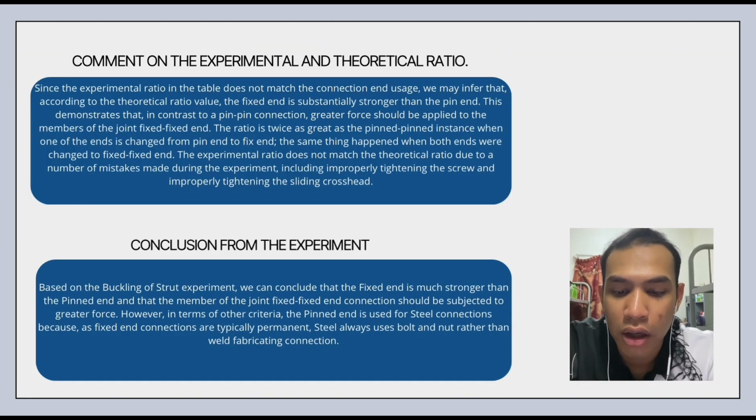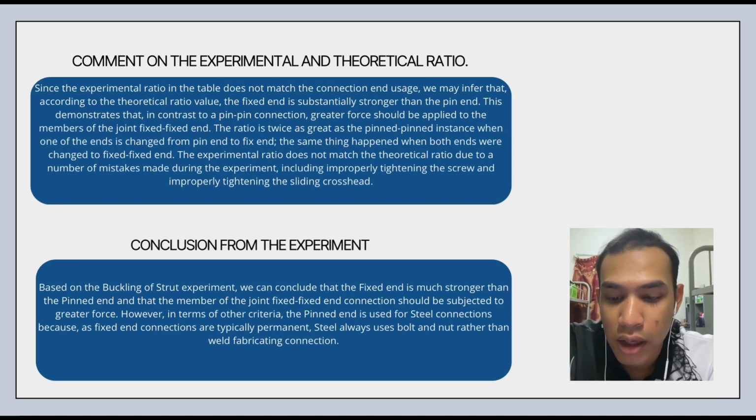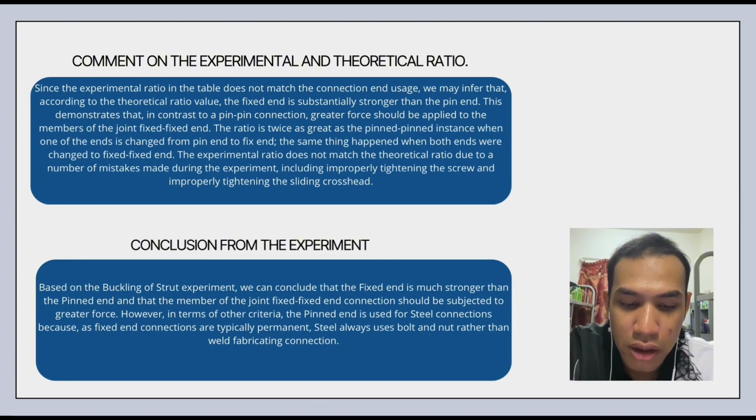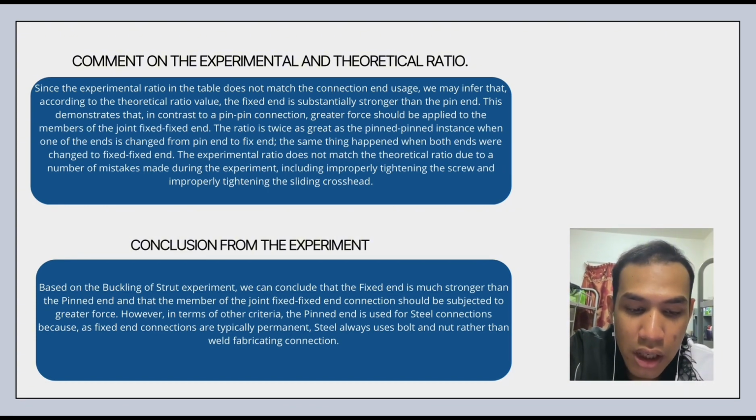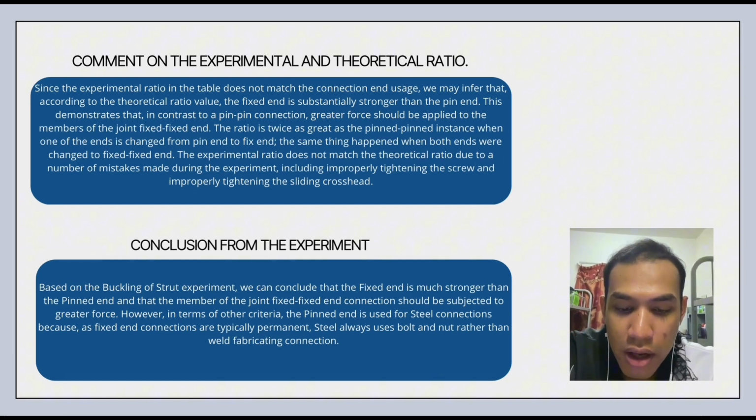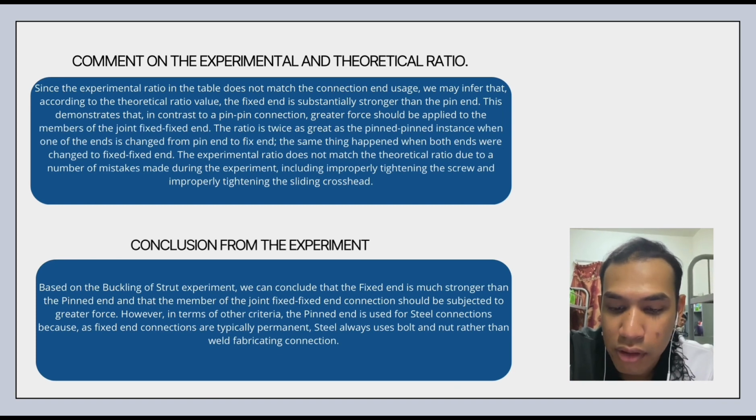So, comment on the experiment and theoretical ratio. Since the experiment ratio in the table does not match the theoretical ratio, we may infer that, according to the theoretical ratio value, the fixed end is substantially stronger than the pin end. This demonstrates that, in contrast to a pin connection, greater force should be applied to the member of the joint with a fixed end.